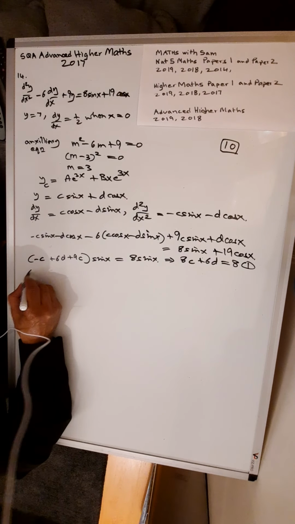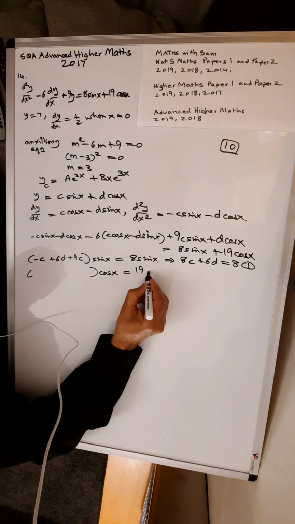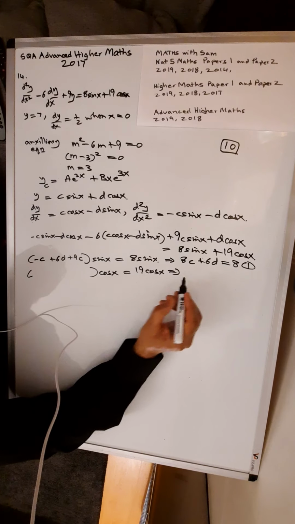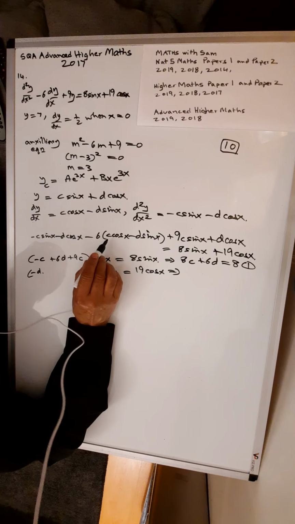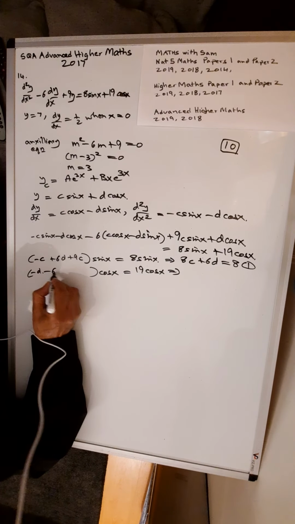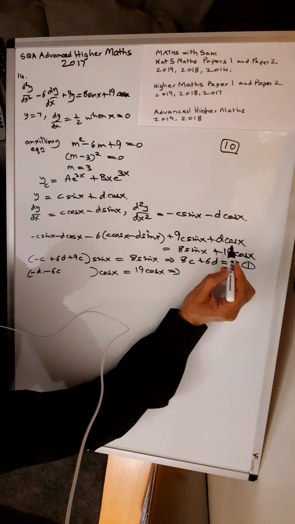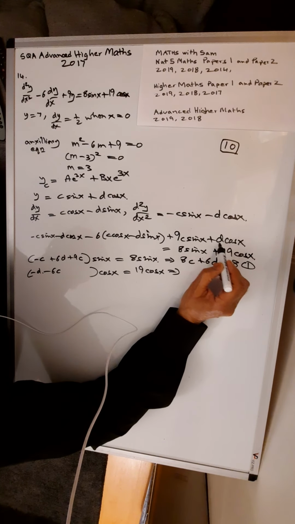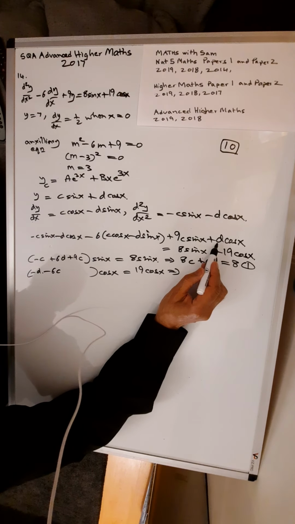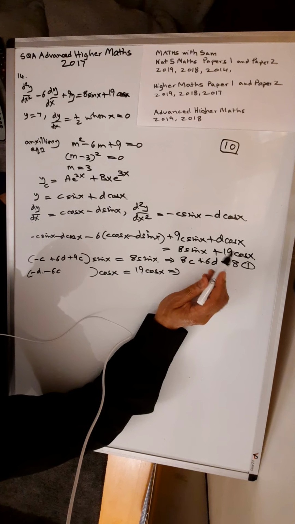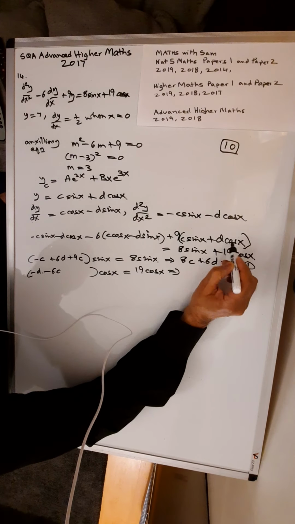The next one is in terms of cos x, and you're going to end up on the other side with 19 cos x. That would give you your second equation. So look at the cos x terms. You got minus d cos x minus 6c, and then outside the bracket, 9, so you got plus 9d.